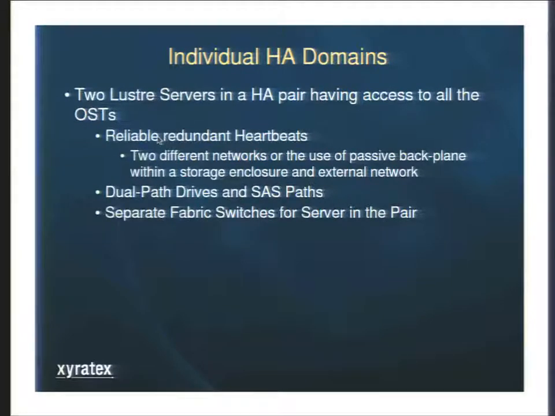The other aspect of it is to provide high availability domains. And the minimum to provide high availability domains is pairing 2 Lustre servers in an HA partner pair. And this goes for OSS partner pairs as well as for MDT partner pairs. So the aspect of building an HA partner pair is to provide redundancy on the heartbeat side.